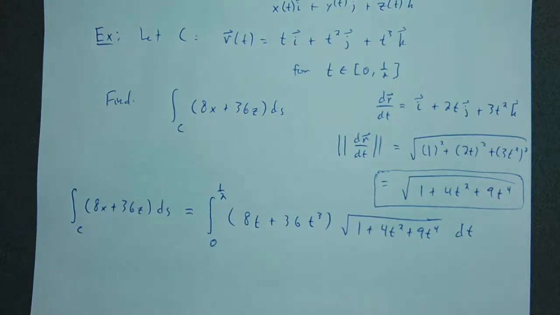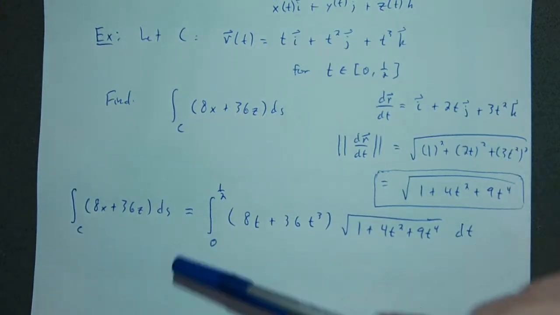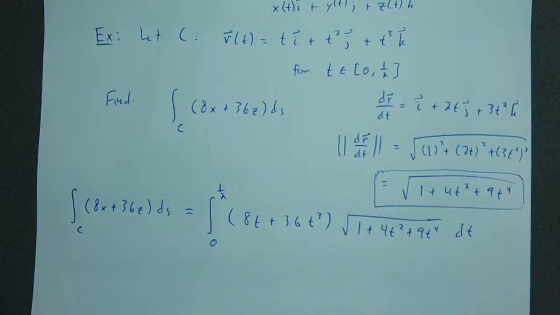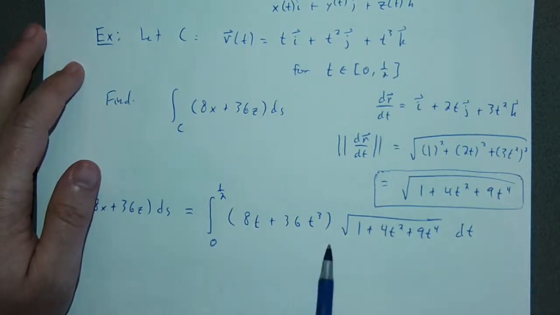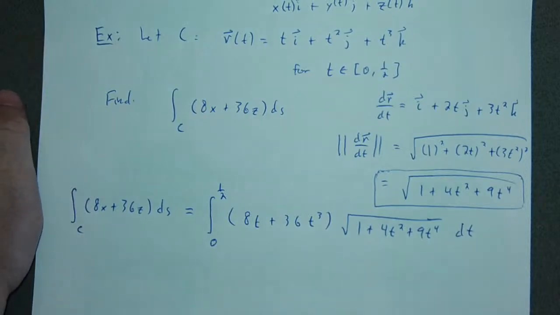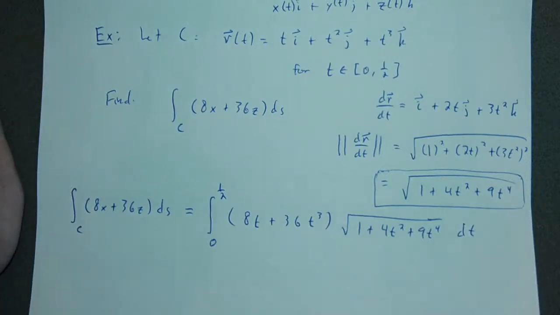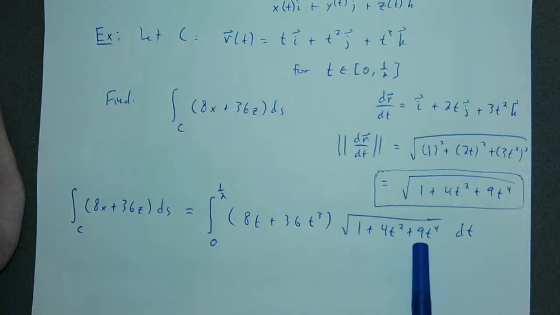So now you see it was a rather judicious choice of integrand function here that gave us what? Well, it gave us exactly what we need in order to integrate this nasty radical expression here, right? Normally when you have something like this showing up underneath an integral sign, it's bad news, but we have exactly what we need here to do a very simple substitution integral, right? So if we take u to be the thing underneath the radical, what is our du? Our du is exactly 8t plus 36t cubed. Boom, right? That's exactly what we have there, so that's nice.